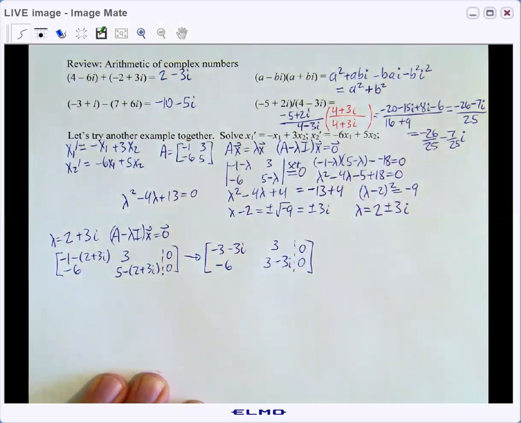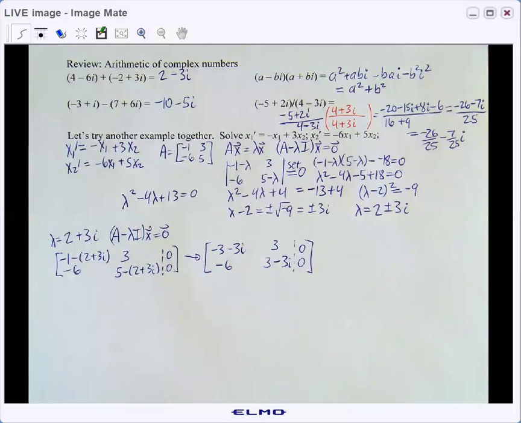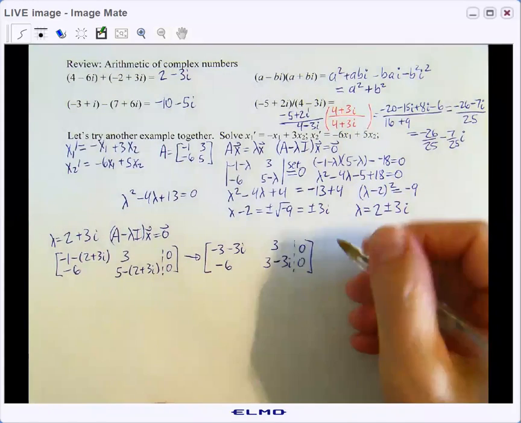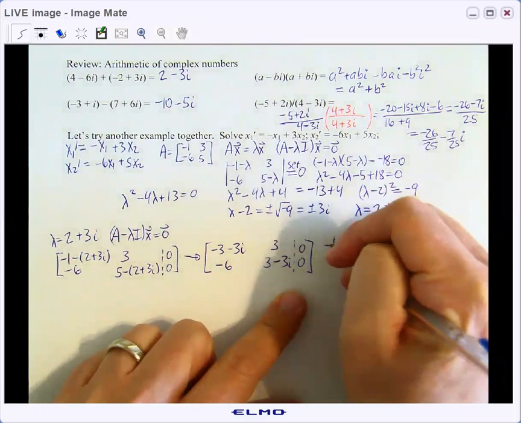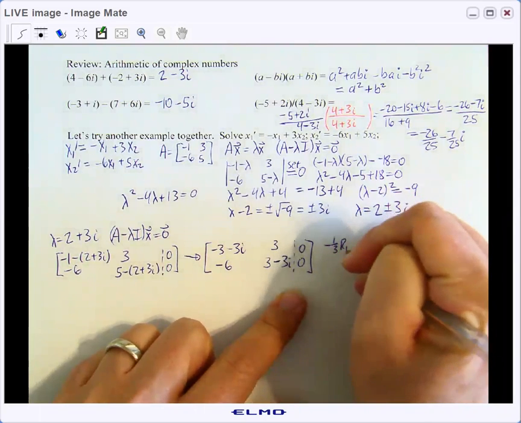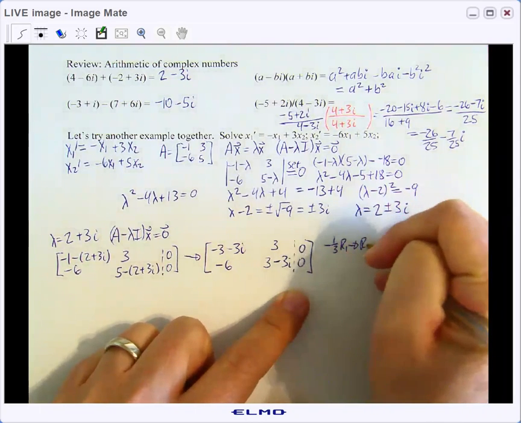And let's go ahead and see if we can do a little bit of work here with some row operations. Okay. The first thing I'm going to do is multiply row 1 by -1/3, replacing row 1.